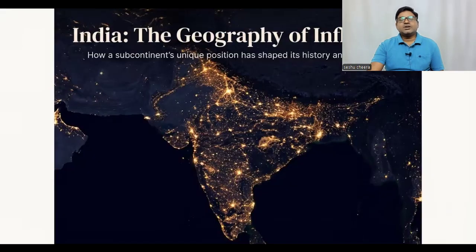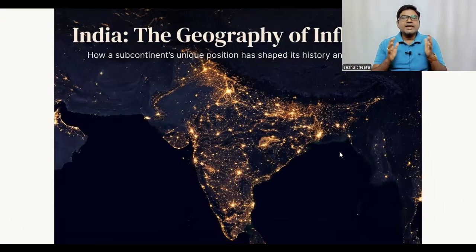Hi everyone, welcome to the module once again: India, the geography of influence. How India as a subcontinent was able to influence or shape its place or acquire a unique position because of its history and its influence.